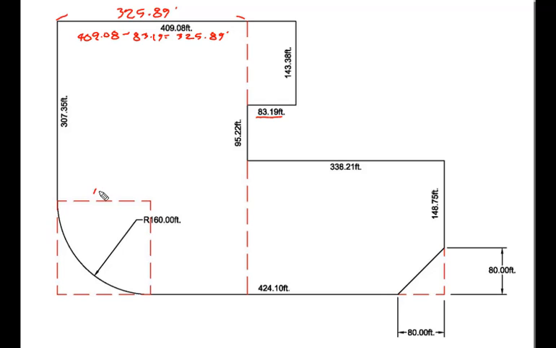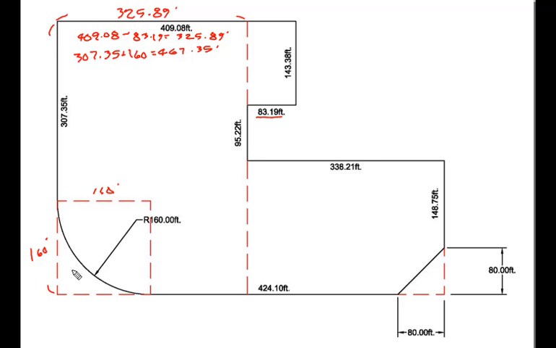We know this radius is 160 feet, so our tangent length of this curve is also going to be 160 feet. So if we say 307.35 plus 160 gives us a distance of 467.35 feet, and that is for this line from here to here.